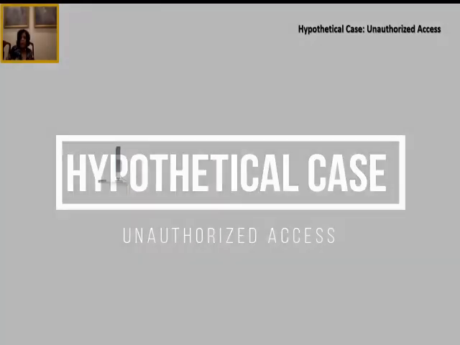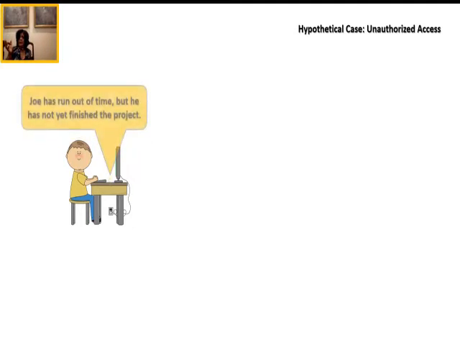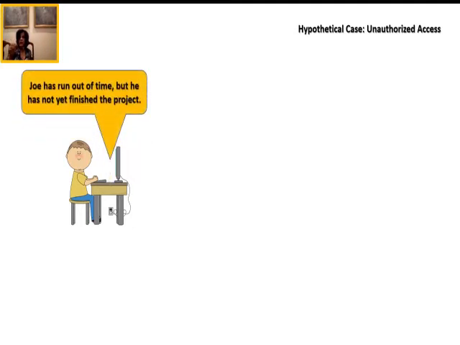Joe is working on a project for his CIS course. The professor has allotted a fixed amount of computer time for this project. Joe has run out of time, but he has not yet finished his project.